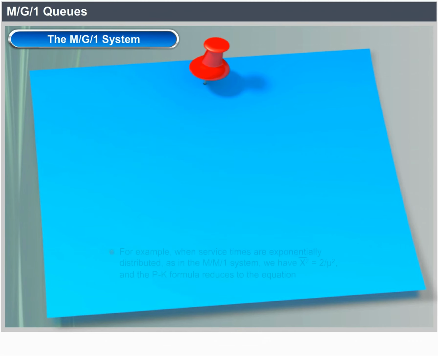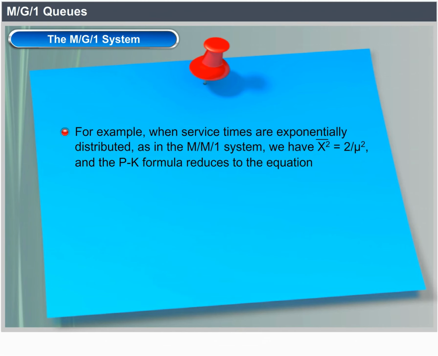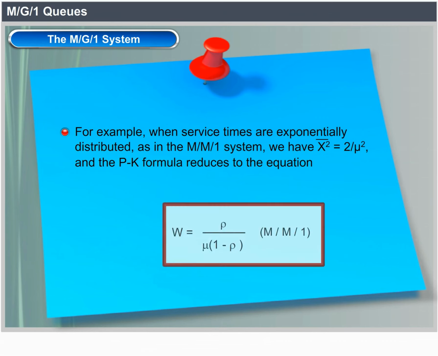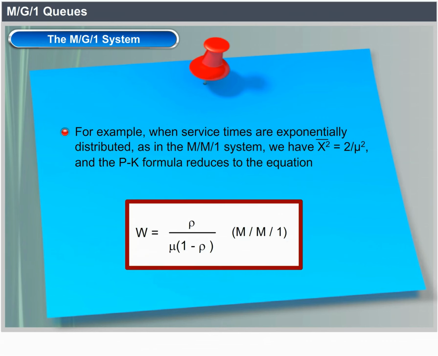For example, when service times are exponentially distributed as in the M/M/1 system, we have X square bar equal to 2 by mu square and the P-K formula reduces to the equation W equals rho by mu times (1 minus rho), M/M/1.